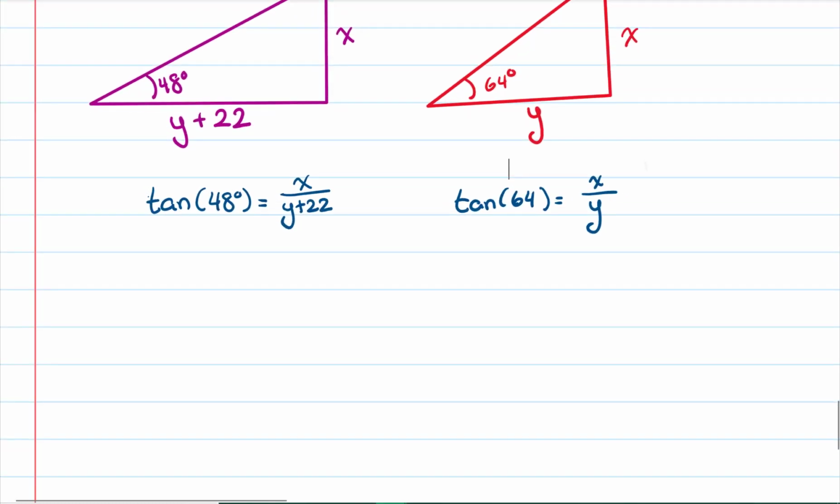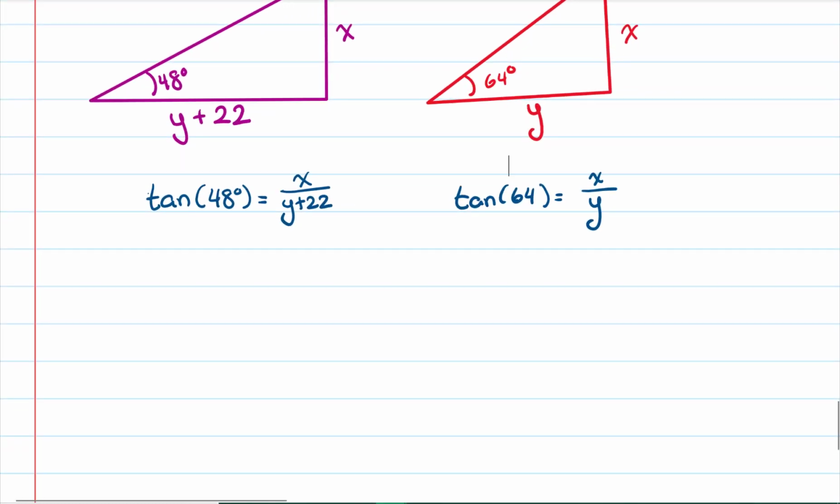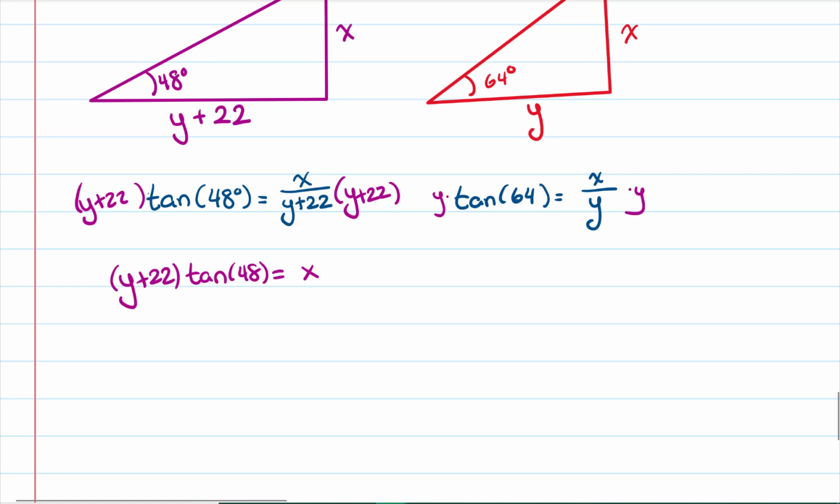There's a couple different ways to solve this problem, but I'm just going to solve it one way. If you had a different way, that's just fine. So I'm going to get both equations solved for x. I'm going to multiply this one by y plus 22, and I get y plus 22 times tangent of 48 is equal to x. And over here, I'm going to do the same thing. I multiply both sides by y, and I get y times tangent of 64 degrees is equal to x.